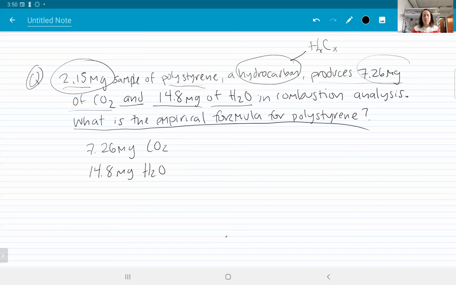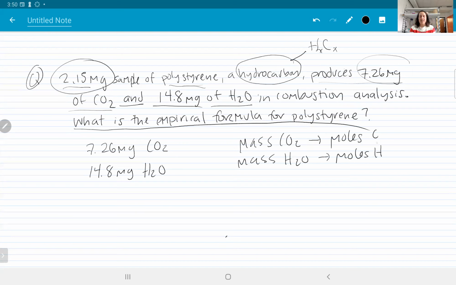When we're solving for these problems, you're going to want to convert the mass of CO2 to moles of carbon, and convert the mass of H2O to moles of hydrogen, okay? Because these are the amount of moles that were in your original sample. Then if you look at the ratio of the moles of carbon to the moles of hydrogen, you could figure out what that empirical formula is.